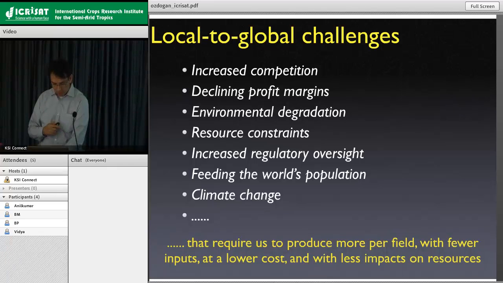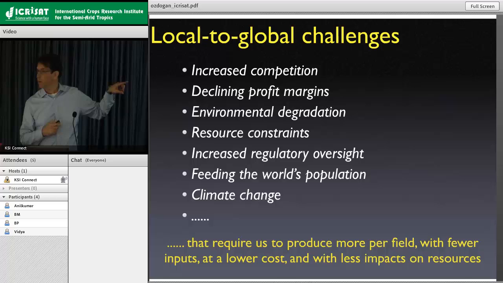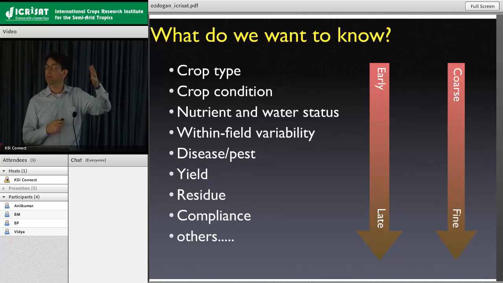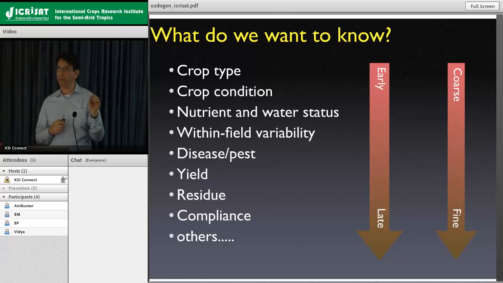While showing these variables, I'd also like to say that not only do we want those variables, but the timing of those variables also matters. Some of those variables, we want to know early on, such as disease and pests, so that we can do something about them during the growing season.